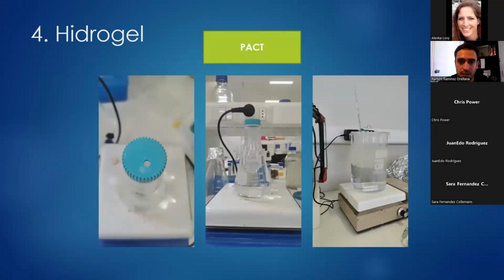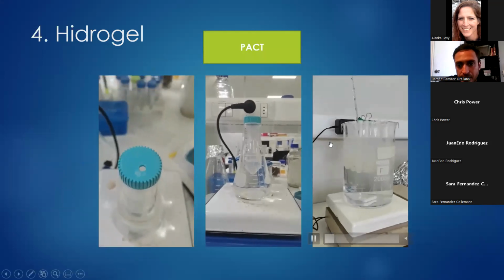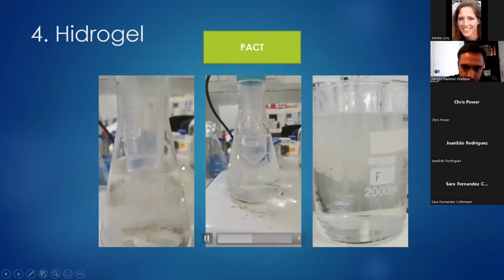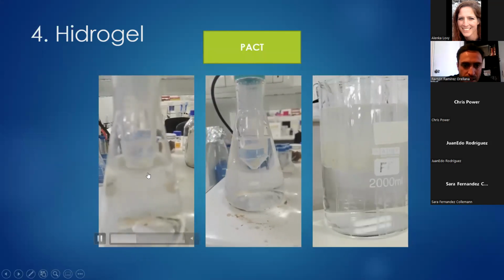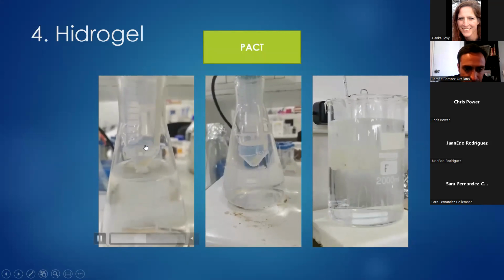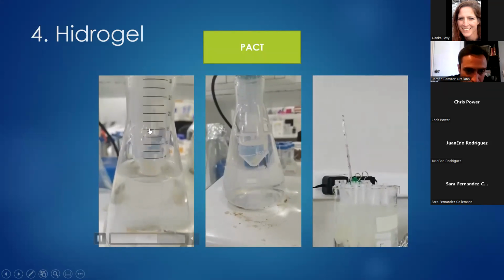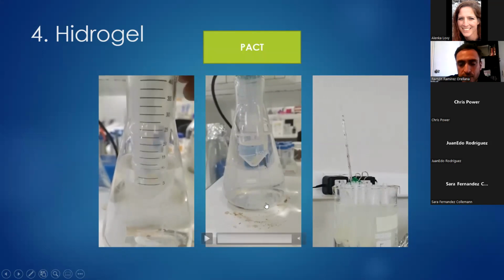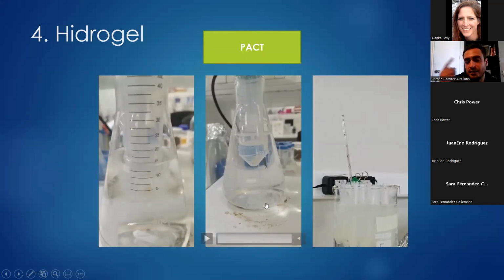Nosotros en nuestro laboratorio hemos hecho ambas técnicas, donde principalmente para el método pasivo lo dejamos en un Falcon con orificios, y esto está en un sistema que vaya girando para ir renovando el buffer de clarificado.